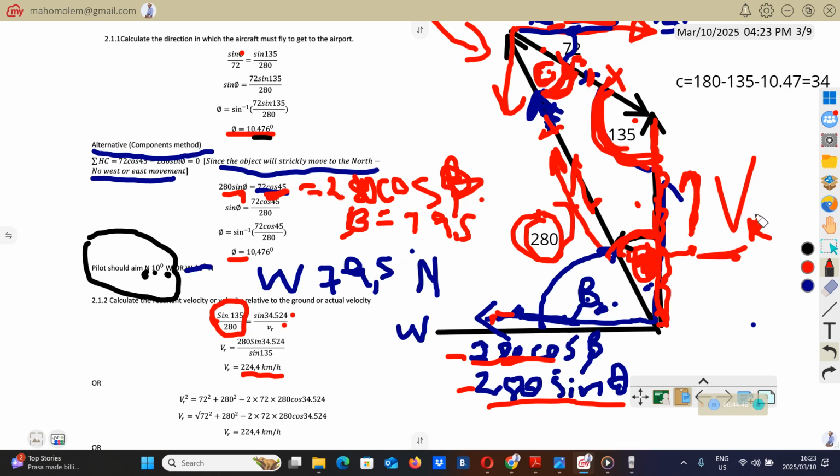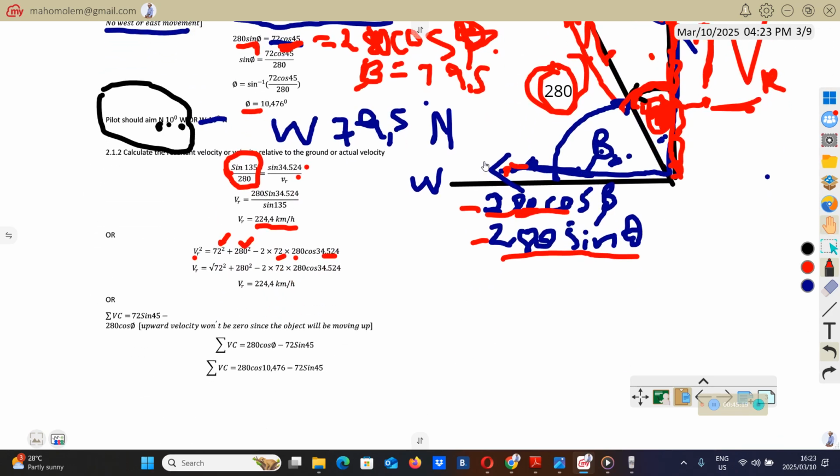So if you are looking for VR using cosine rule, VR will be equal to this side, which is 72 squared, plus this side here, which is 280 squared, minus 2 multiplied by the product of those two sides, cos of the included angle. These two sides form this angle C, which is 34. Then you put the square root of that, then you'll still get that. So that is the alternative.